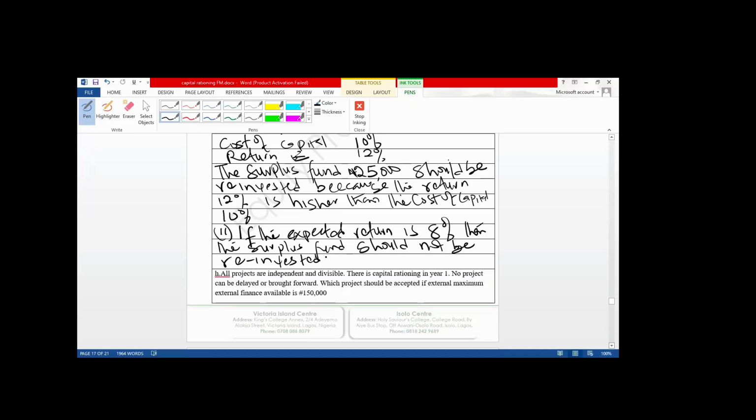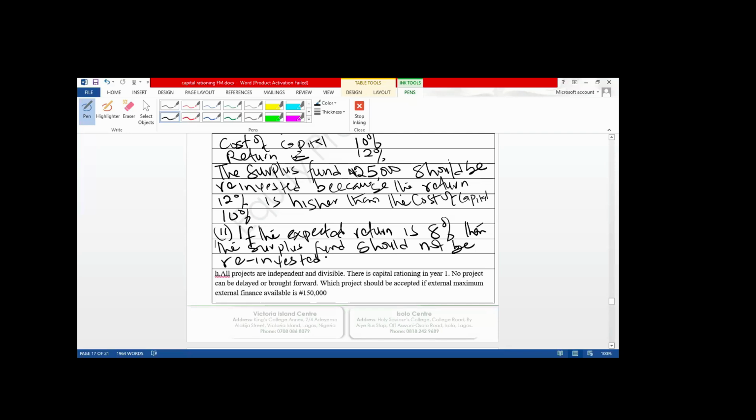Before, we were looking at year 0. There is capital rationing in year 1. No project can be delayed or brought forward. Which project should be accepted?